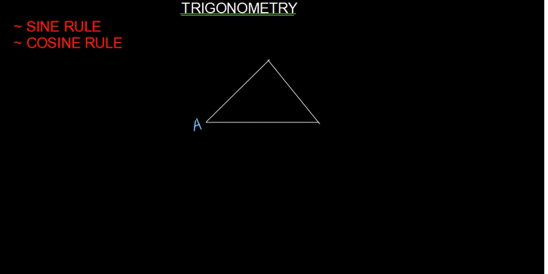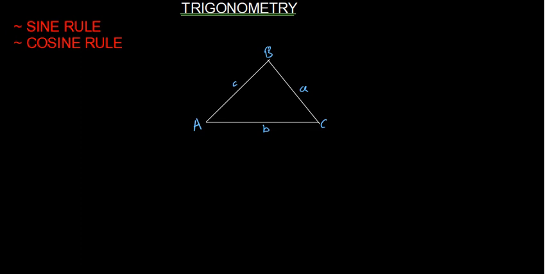We use A here, B here, and C here. So what we have here is a small c, here a small letter a, and here a small letter b.